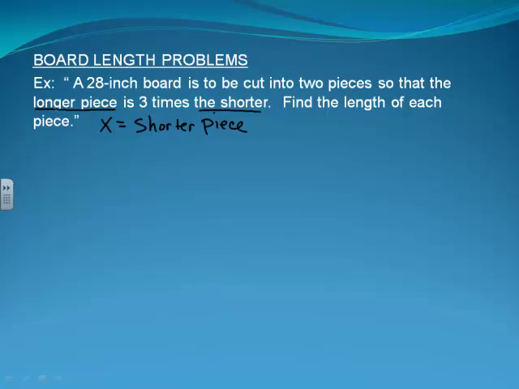because the problem says that the longer piece is 3 times the shorter. Now that's multiplication. Okay, 3 times the shorter piece, we just said the shorter piece was x. So 3 times the shorter piece would be 3x. Okay, draw yourself a picture.